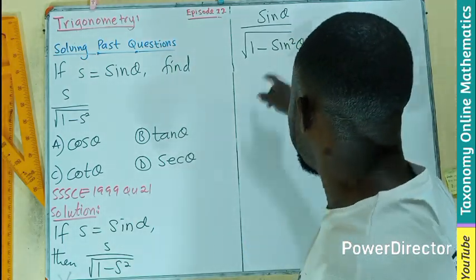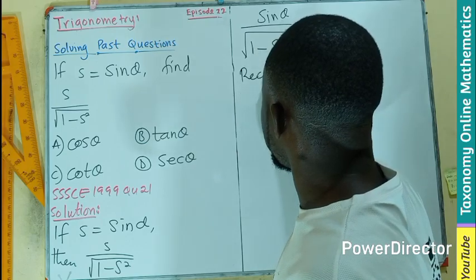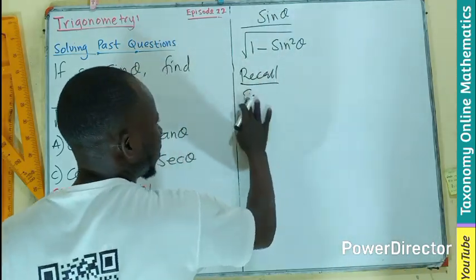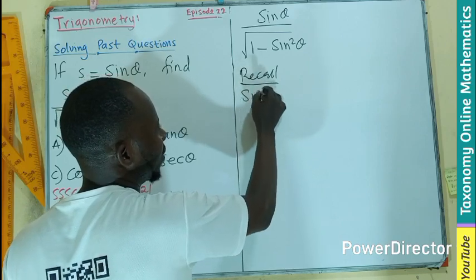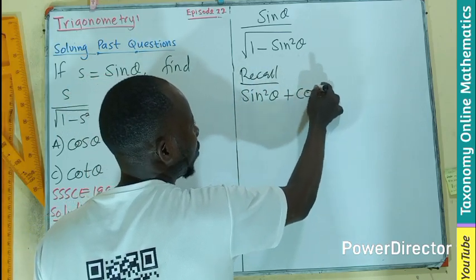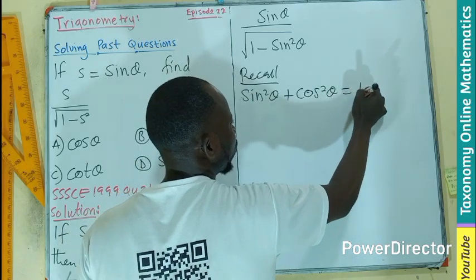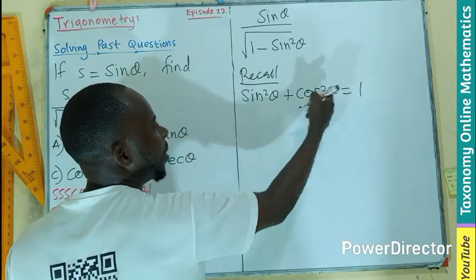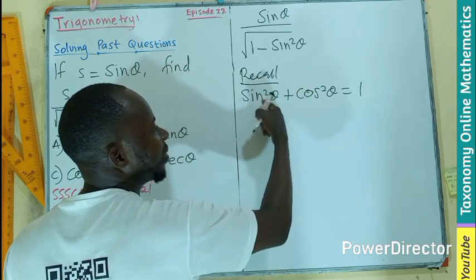What will I do? Recall that sine squared theta plus cos squared theta equals 1. That means that if I am looking for this, I subtract this. If I am looking for this, I subtract that.